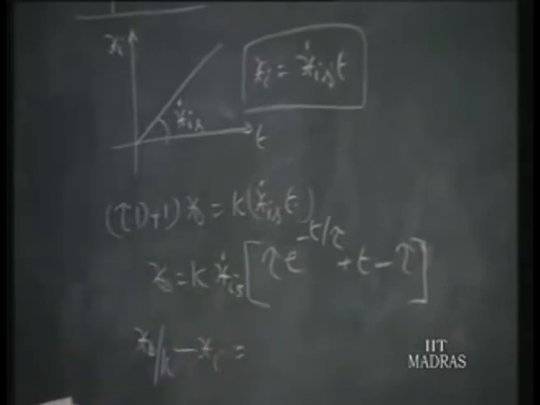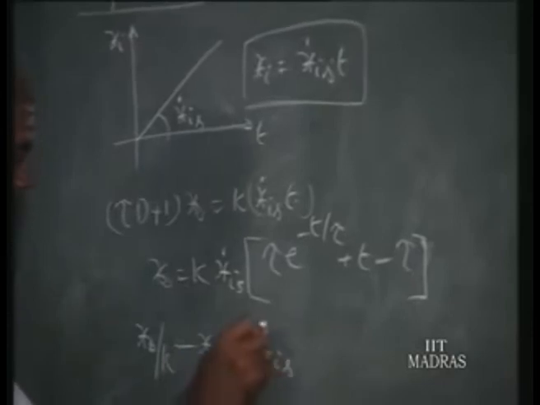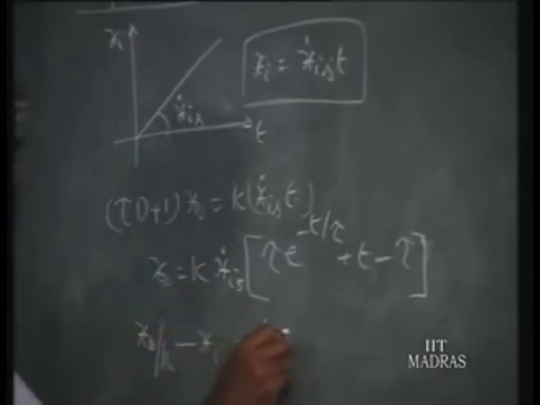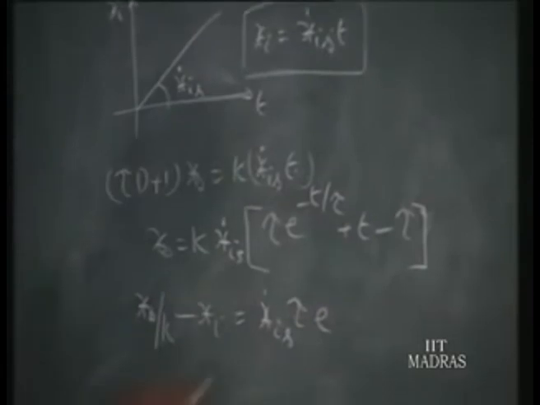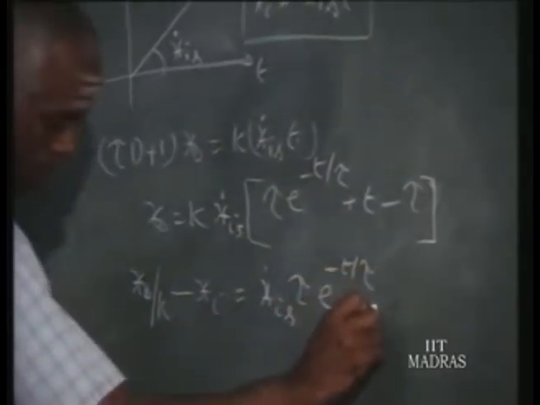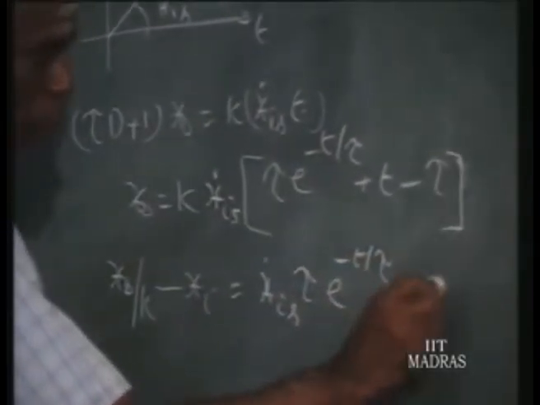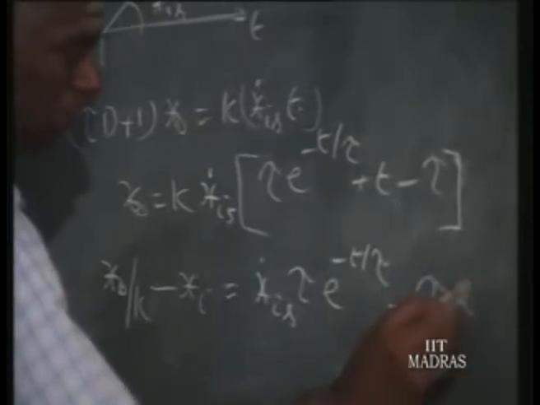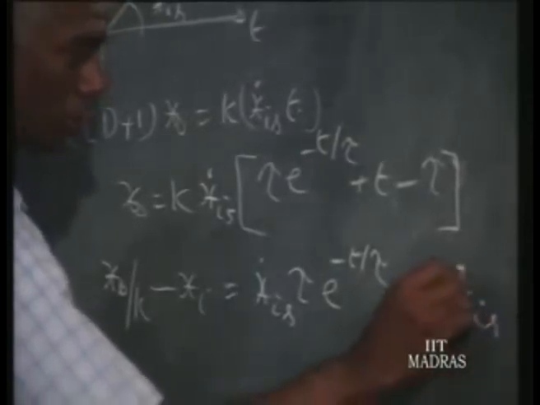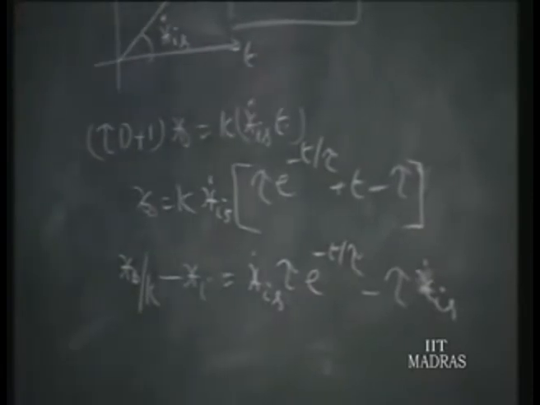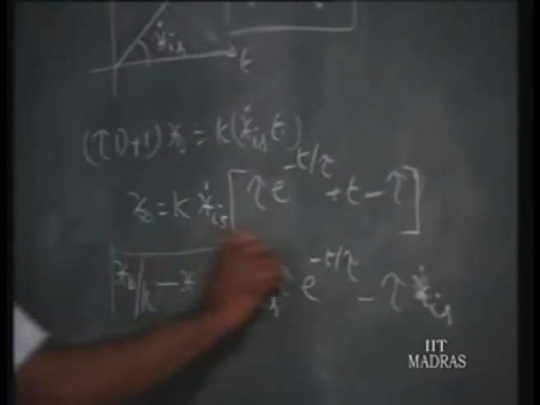The remaining terms are xis dot into tau e to the power of minus t over tau, minus tau into xis dot. So this is the final form.